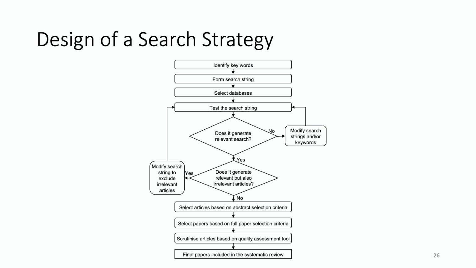Then comes the part where you select based on abstract: you read the titles and the abstracts and see if they are relevant. Then you can process that list by reading the full paper, whether you need it or not depends on your questions.